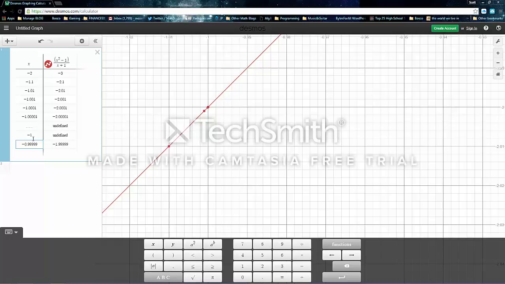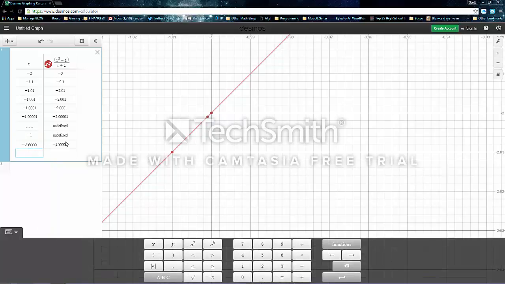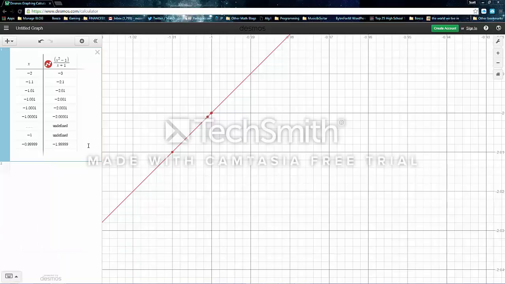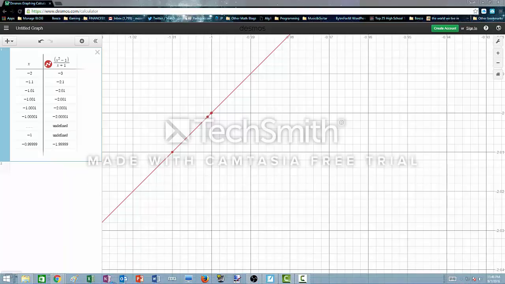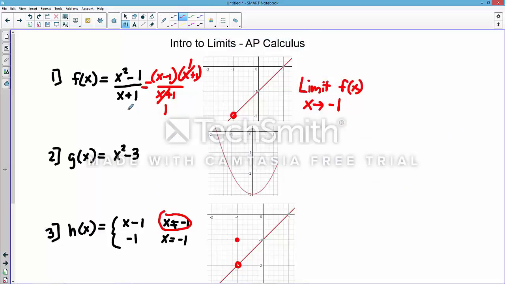The limit as x approaches negative 1 of this function is negative 2. It's only true if it approaches it from both sides. So as you're getting closer from the left side here, it's getting closer to negative 2. And from the right side, it's also getting closer to negative 2. We'll go over an example where that doesn't happen in a minute. Okay? So back to Notability.